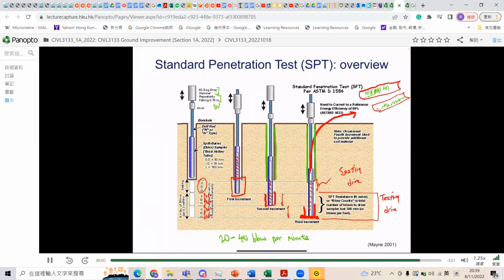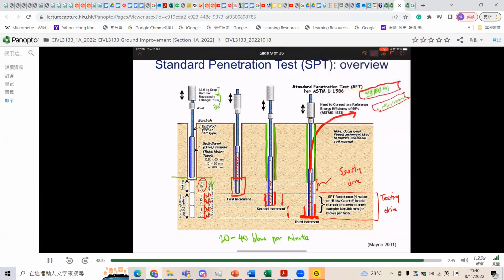We don't want soil to be collapsing during the test as well. So we try to maintain the borehole. And as you saw in the video earlier, you can use a hollow auger or casing to maintain the borehole. But we should not extend the casing beyond our testing elevation, right? Otherwise, it would highly disturb the soil underneath. And if we want to obtain blow counts, we don't want to disturb the soil because it will affect the results.